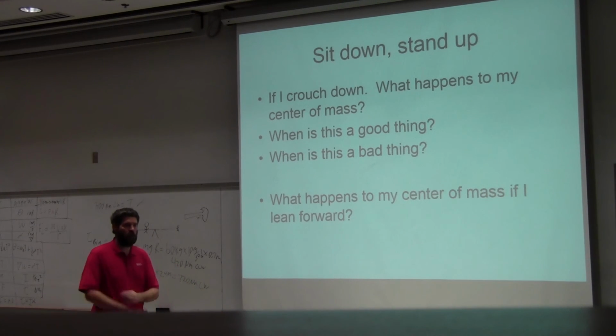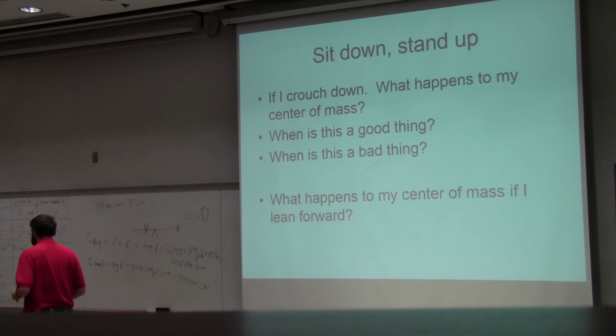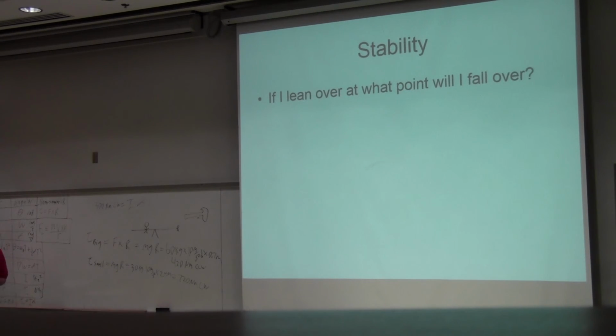Now the question is, how far can I lean forward before I fall over? Well, let's test it. Now I'm going to do this over this. When I fall, I'll fall on the table. Right about there. Okay, so what was special about that?